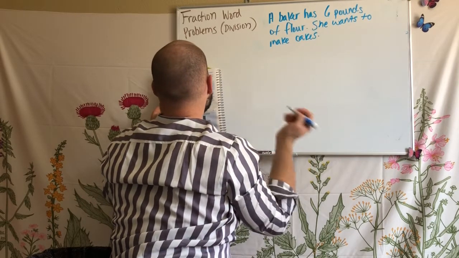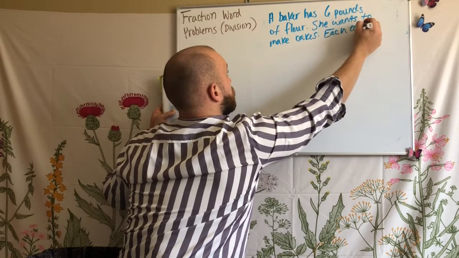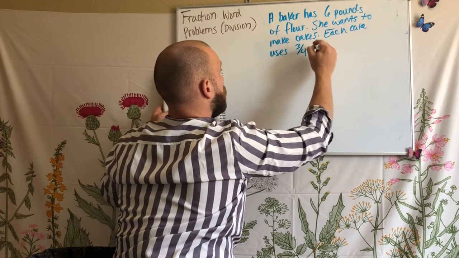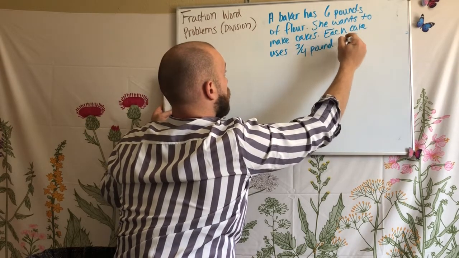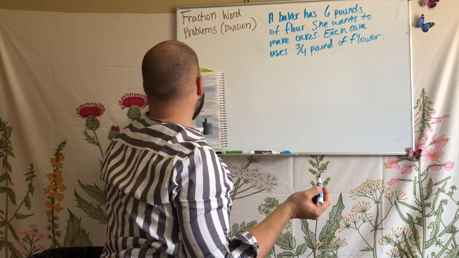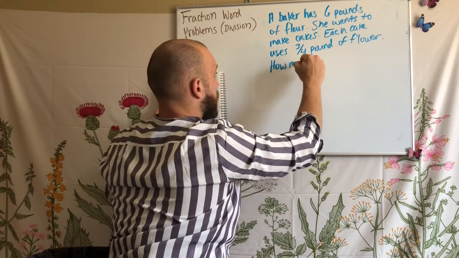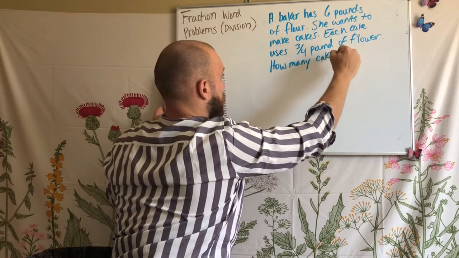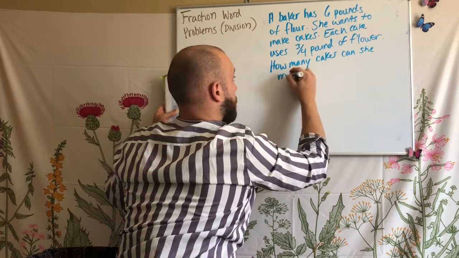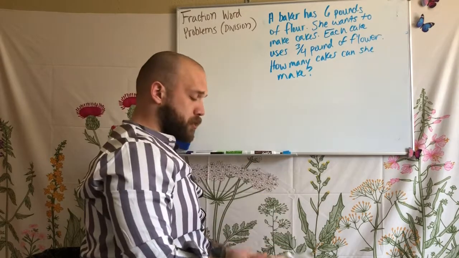Each cake uses 3/4 of a pound of flour. How many cakes will she be able to make with 6 pounds? How many cakes can she make? Pause the video now. Try and solve it on your own.